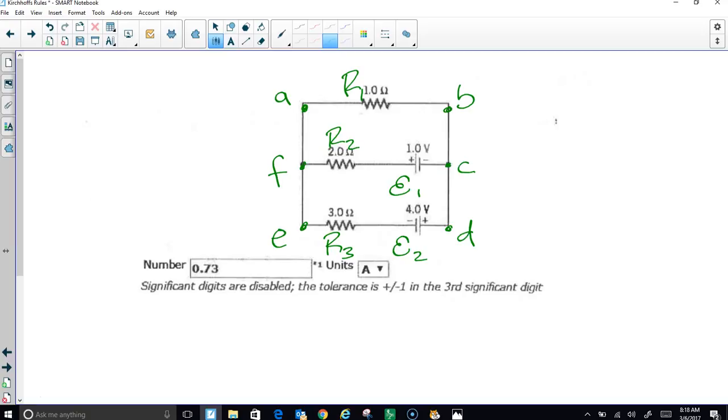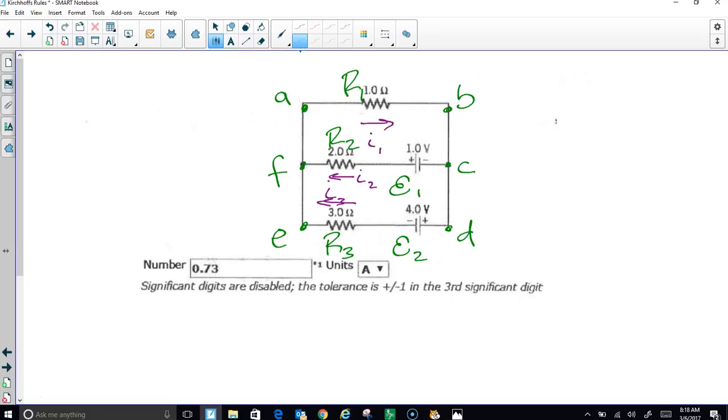So I'll do this. I'm pretty sure that I3 doesn't go that way, but I'm going to put it that way, and we'll see how it turns out. I'll put I2 going that way, and I'll put I1 going that way.